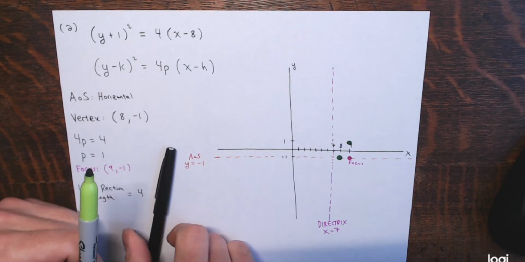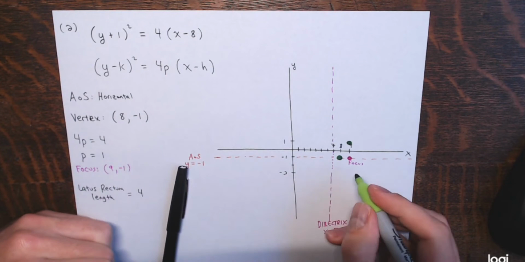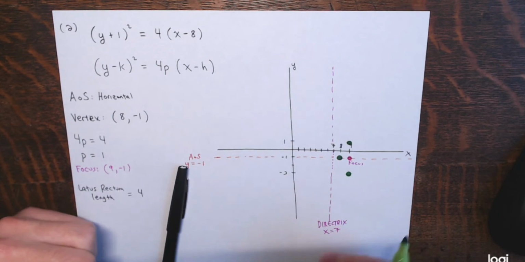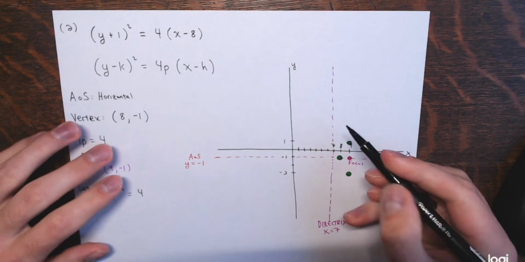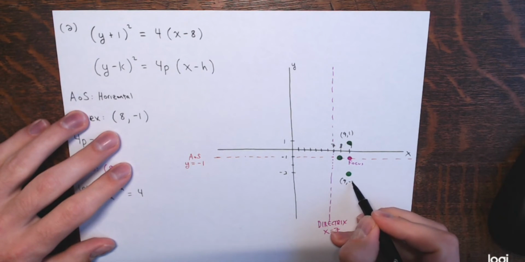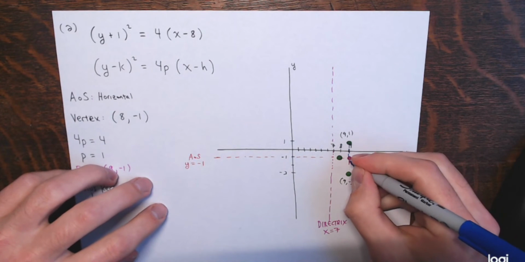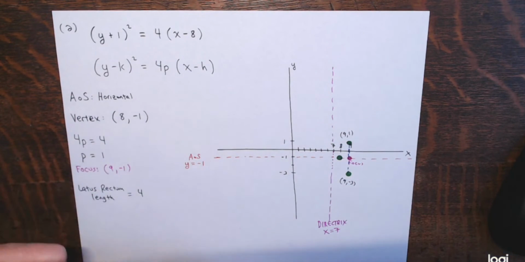And then down 2 units, from 9, -1 to 9, -3. And those should be points on the parabola. 9, 1 and 9, -3. Those are the ends of this segment called the latus rectum, this segment containing the focus that's parallel to the directrix.